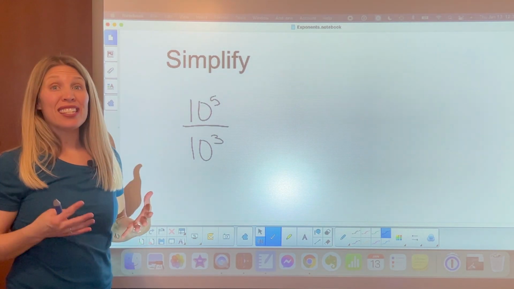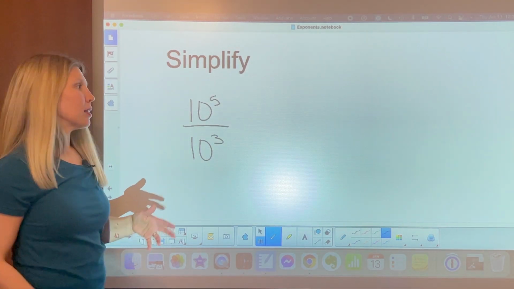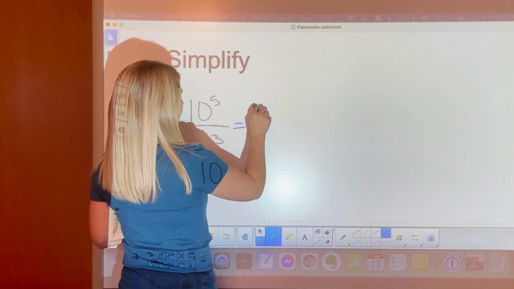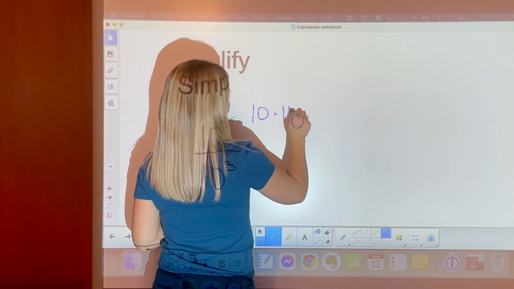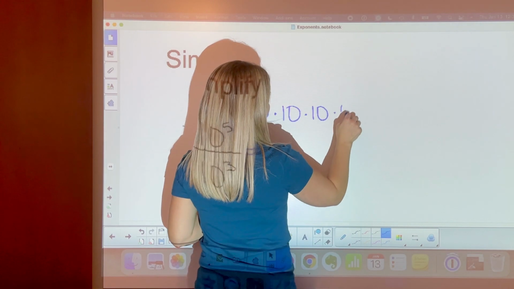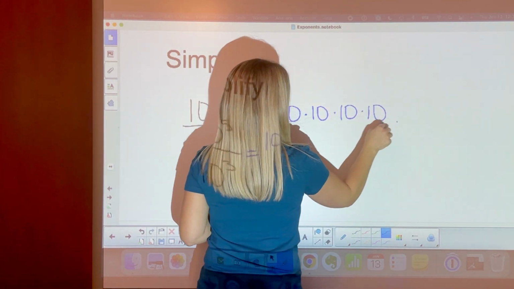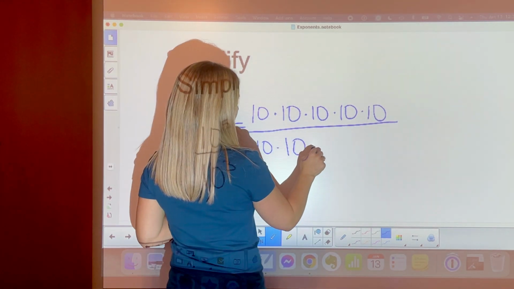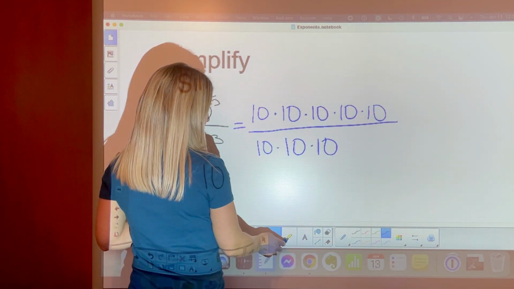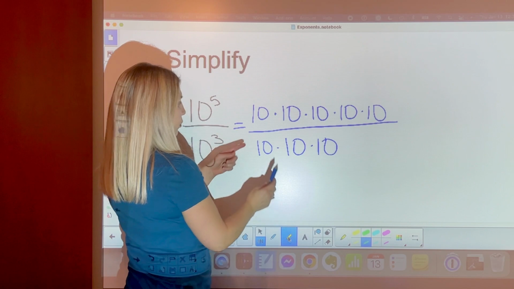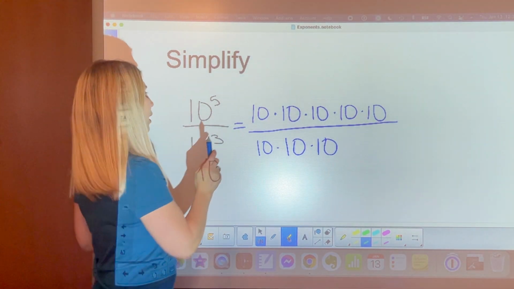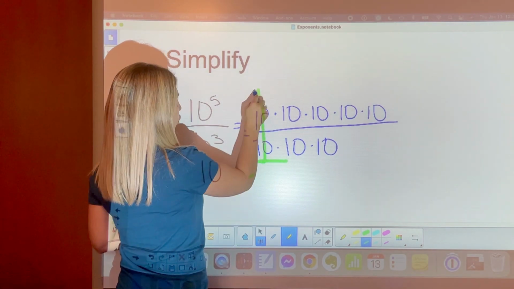Okay, so now let's simplify with exponents. So 10 to the fifth power is we want 10 five times. And 10 to the third means you want it 3 times. Well, if you've learned simplification before, and if not, make sure to check out my other video on how to simplify. A number over itself is just 1.